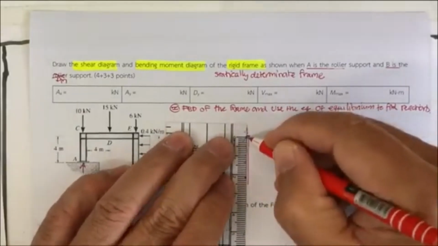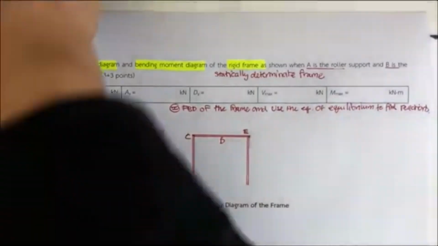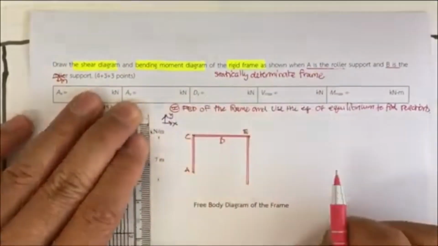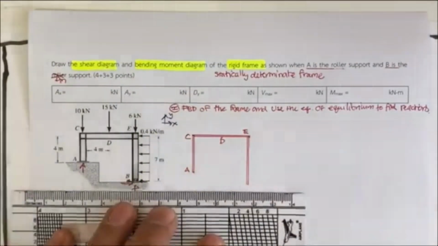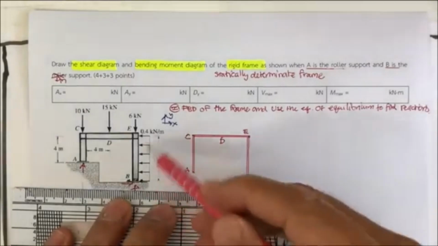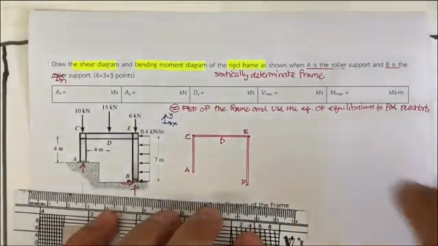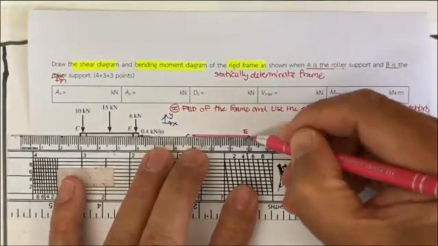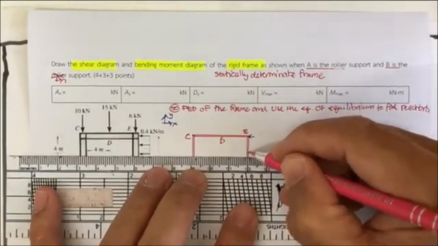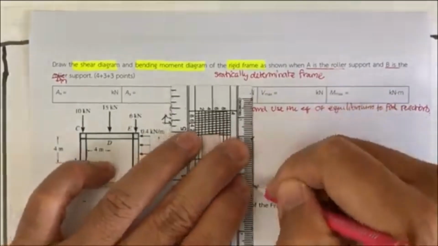Okay, when you draw the free body diagram, it's better to just make a copy of the figure, and don't forget to put the reference X and Y axes. And this is point B, and we have the forces acting on it. The first one is a uniformly distributed force acting from the left to the right. This may be the wind load. Just apply it to the side of the frame.